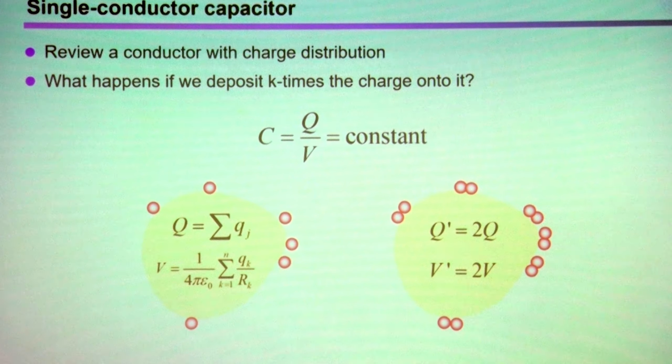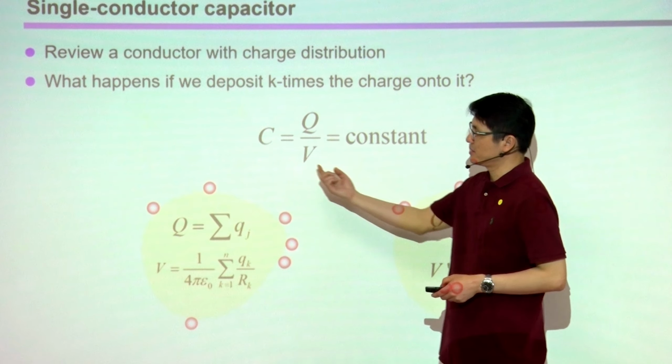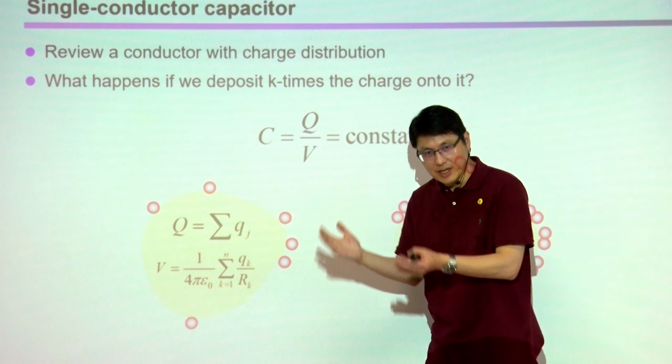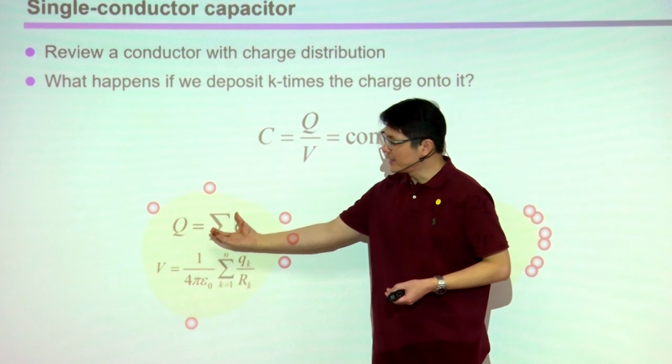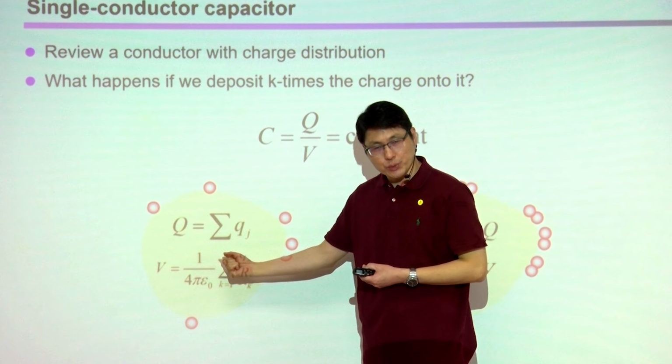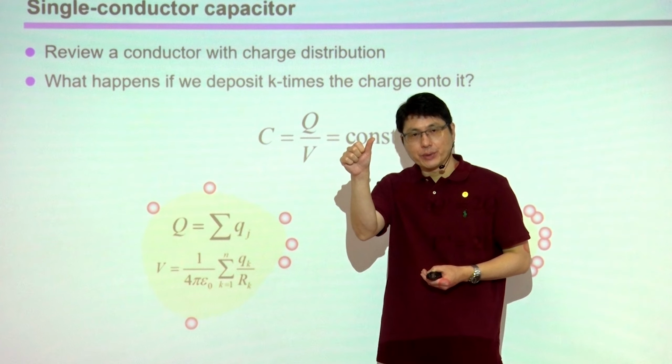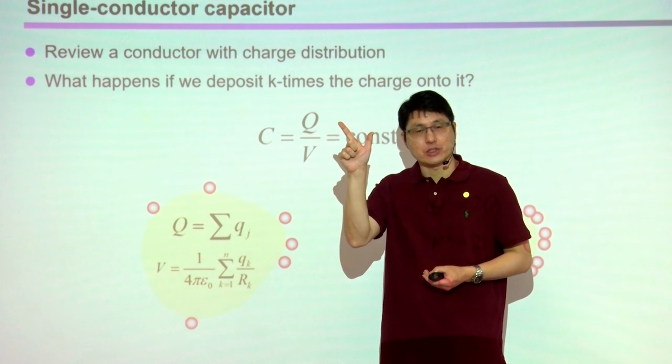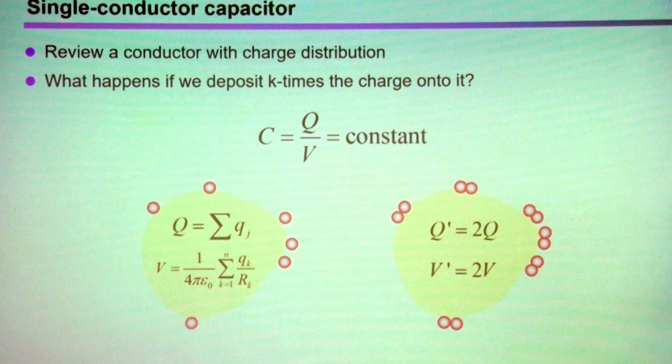So the physical meaning of capacitance is thus, for a given material with a given geometry, remember, material and geometry, these are the two keywords.